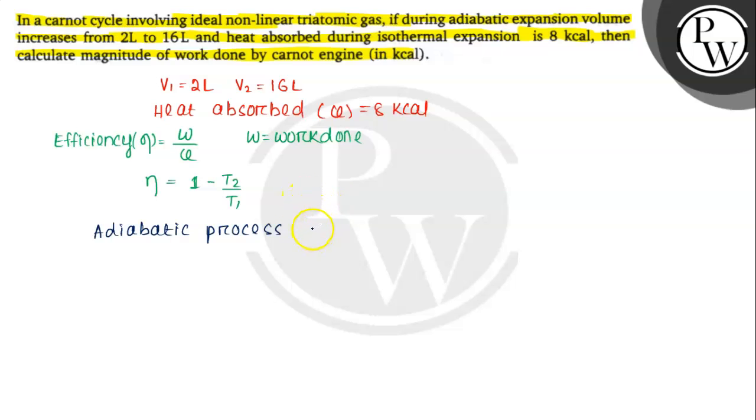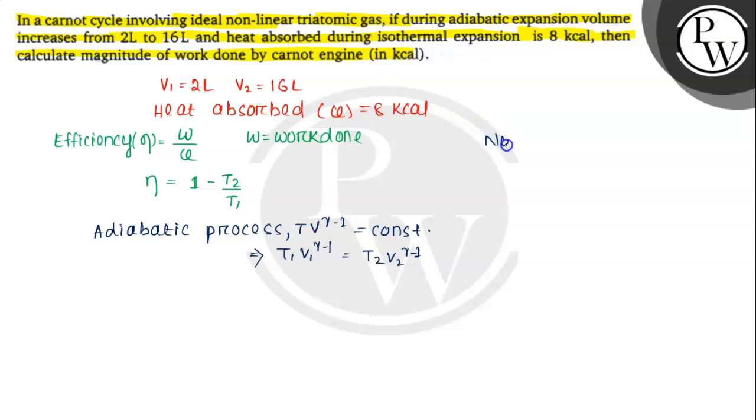So we take volume and temperature. For an adiabatic process, T V to the power gamma minus 1 equals constant. Now we can put this formula to find out T2 by T1. So T1 V1 to the power gamma minus 1 is equal to T2 V2 to the power gamma minus 1.